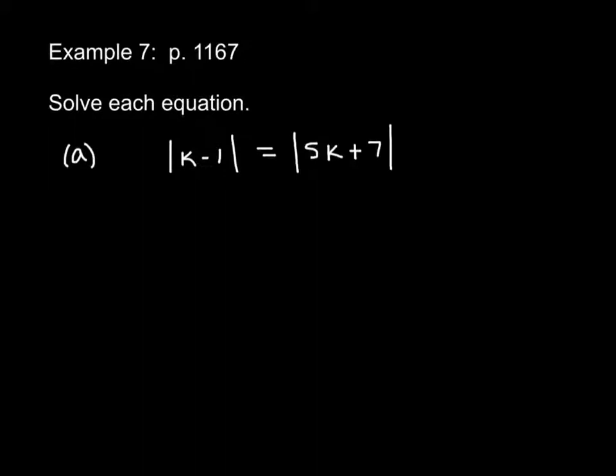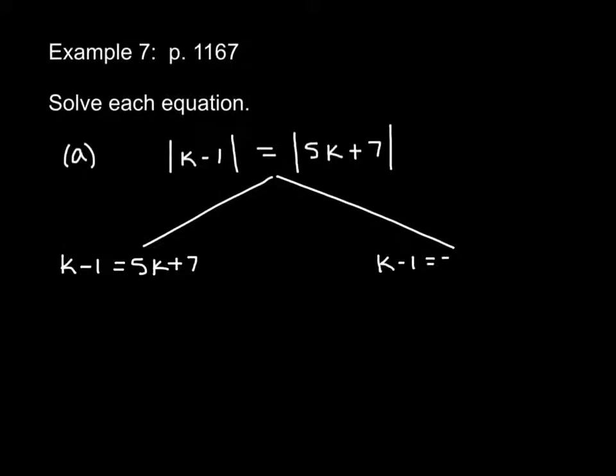So A is the absolute value of k minus 1 equals the absolute value of 5k plus 7. I'm going to rewrite that as two equations. The first one being k minus 1 equals 5k plus 7, and the second one, k minus 1 equals negative 5k plus 7.